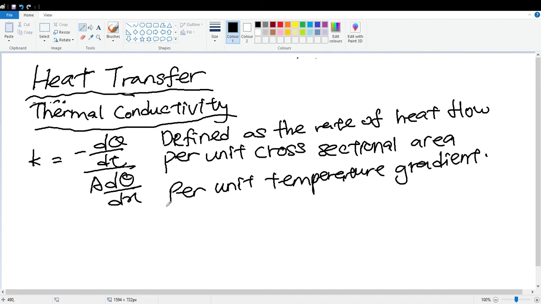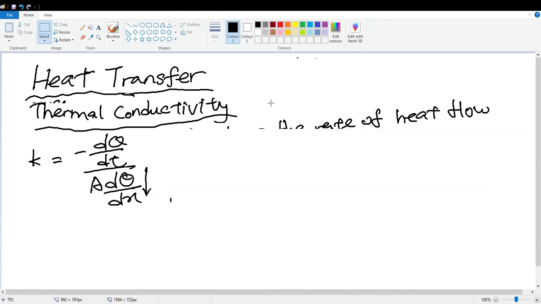From this relation, I can observe that if the temperature gradient is smaller, then my thermal conductivity is higher.